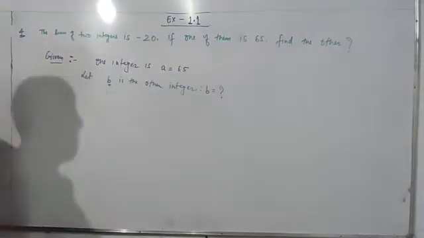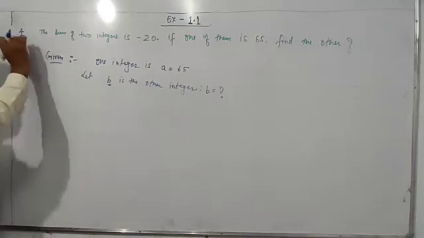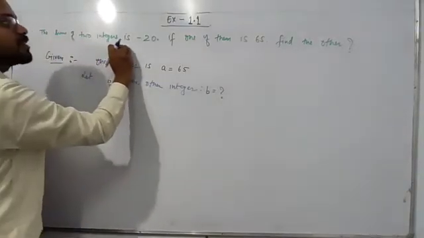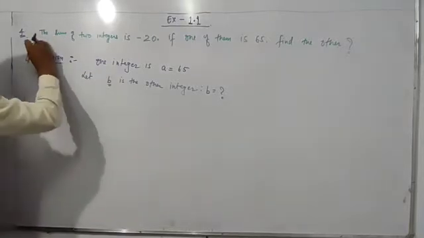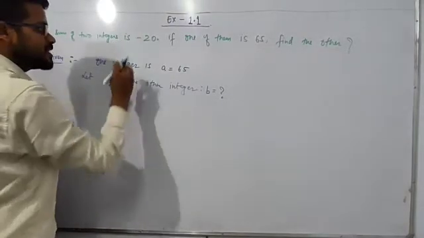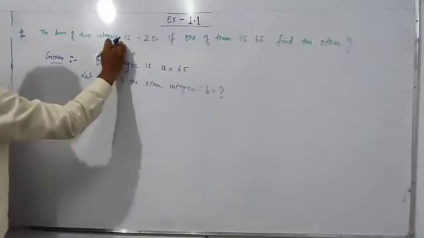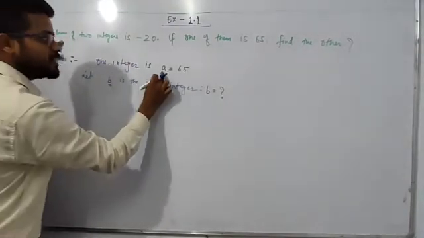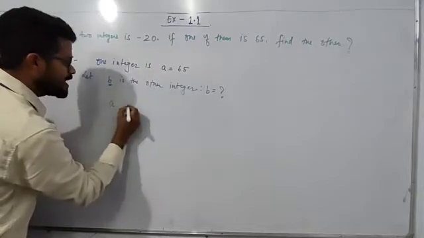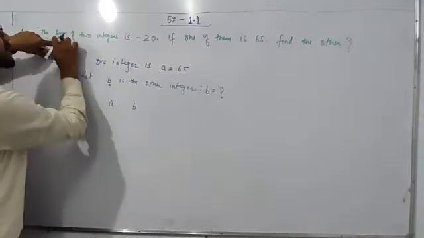Just try to understand what is written in the question, and according to the question write it down. The sum of two integers: one is a and the other is b.